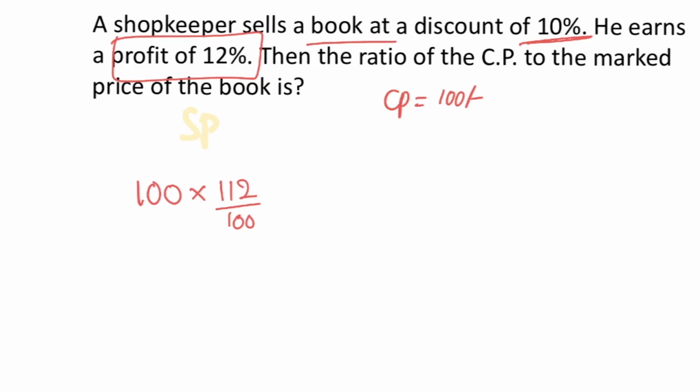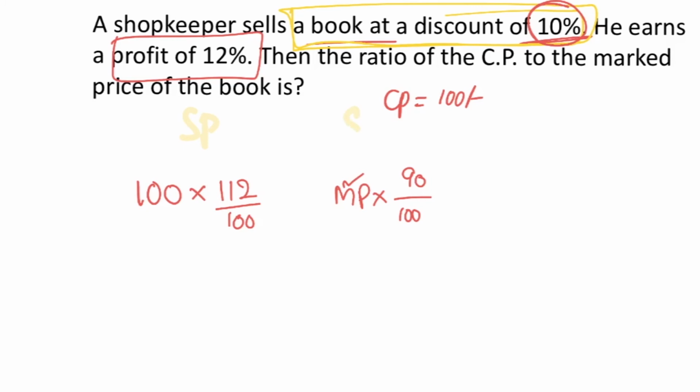And there is another condition given. What is that? He is selling books at a discount of 10%. And on what do we apply discount? On market price only we apply discount. How much is the discount percent? 10%. So how much percent is left? 90%. So 10% discount is applied on market price. On market price, when you apply discount, you will get selling price.